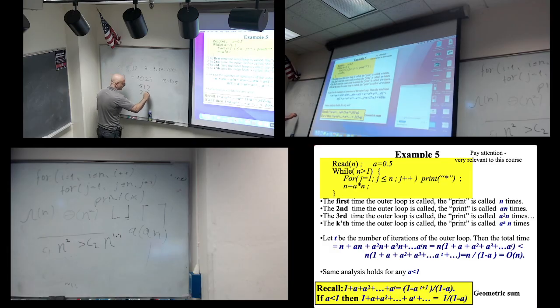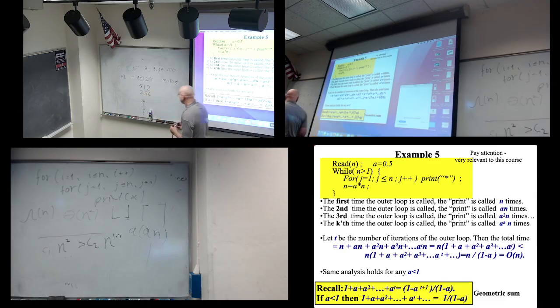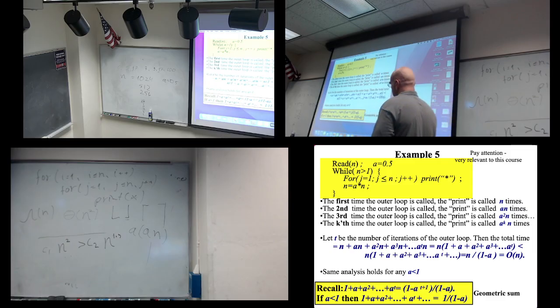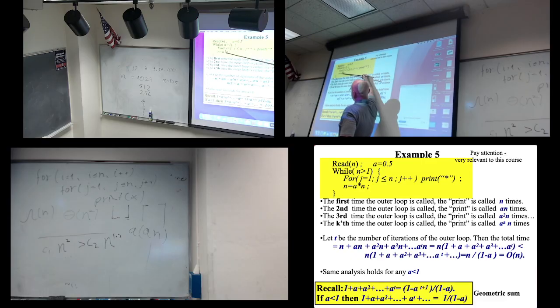Then it will be 256, and so on. Later it will be 16, 8, 4, 2, 1. So how many times is this command executed? It's not n. Log n. This command is executed log n times. If a is not half but a different value, as long as it's smaller than 1, then it's still order of log n time, just a different base.